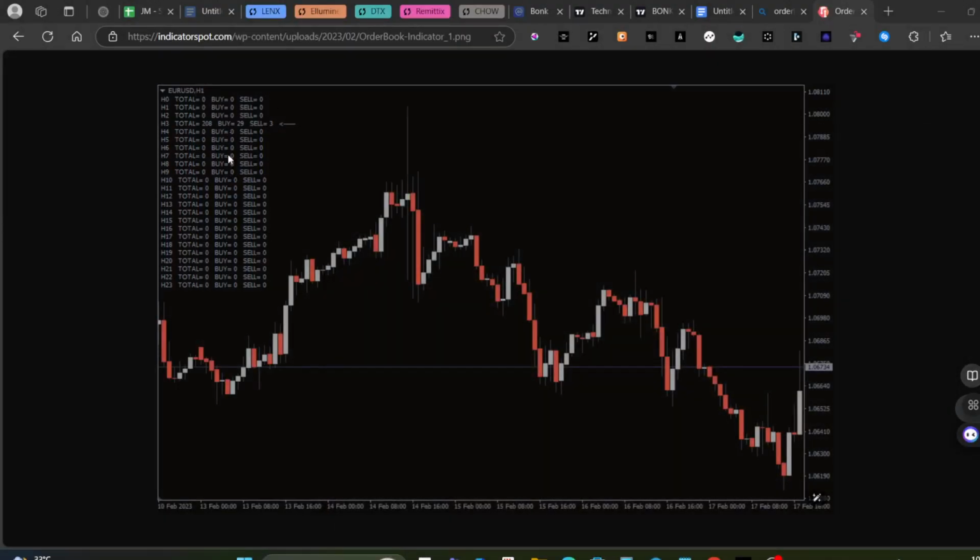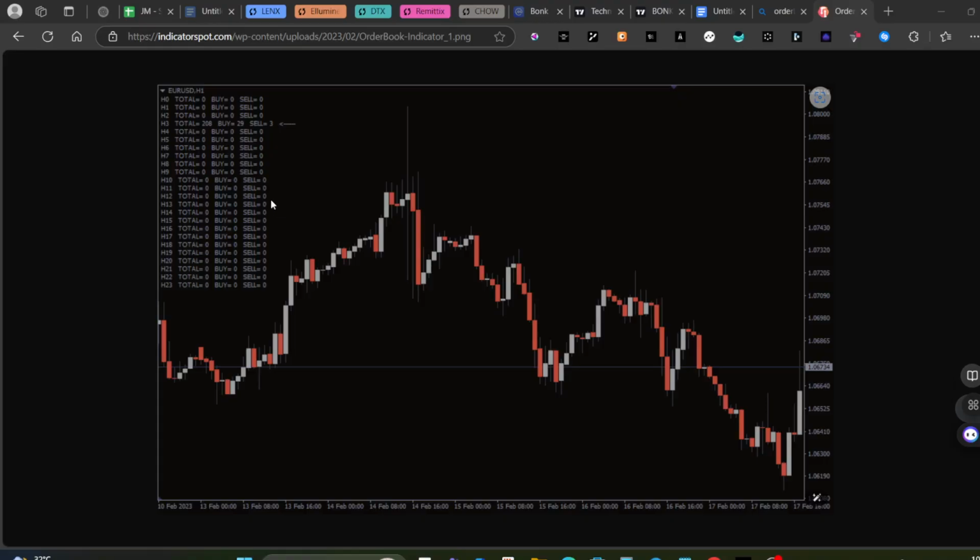The indicator automatically shows you these orders over a set time frame, typically on an hourly basis. So this data gives you an insight into how much buying and selling activity is happening in the market, which is critical in understanding price movements and potential market trends.